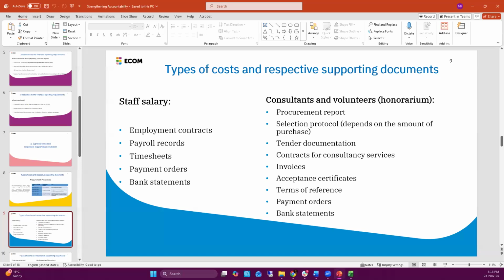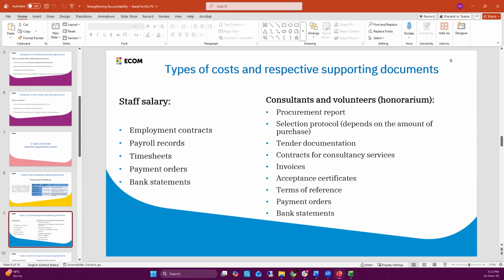The following documents are required to confirm subrecipient's expenses. In case of staff salary, we need to see complete documentation that shows the hiring, the work completed, and the actual payment to ensure that project staff were legally engaged, worked as planned, and they were paid correctly.